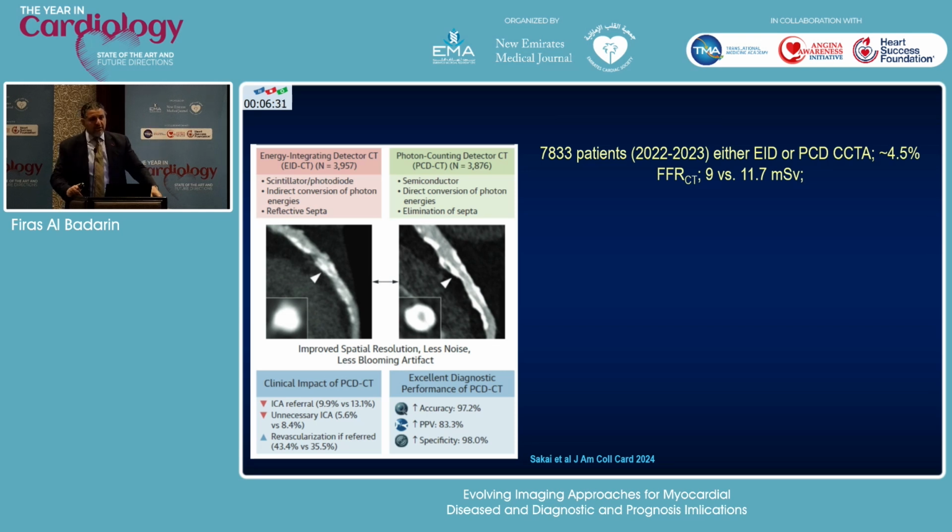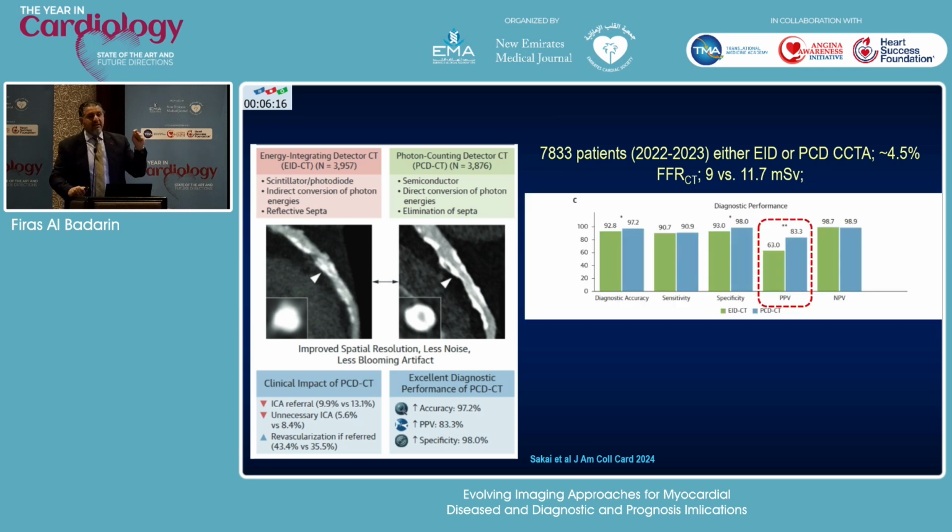It's a pretty large study on 7,800 patients. Almost half of them received the conventional energy integrated detector, and the other half received photon counting, and what they found is that there's significant improvement in the positive predictive value. And that was really the Achilles heel of cardiac CT.